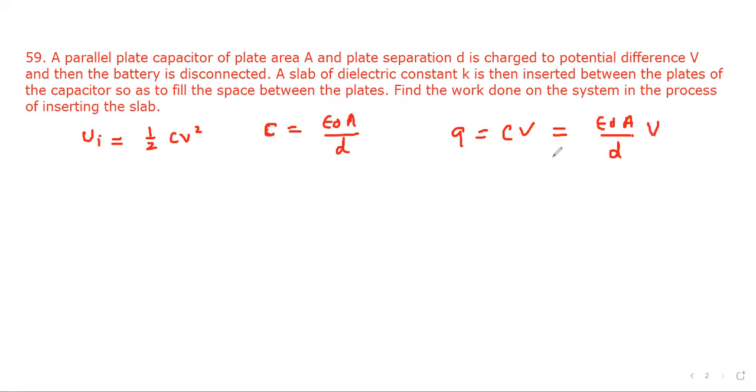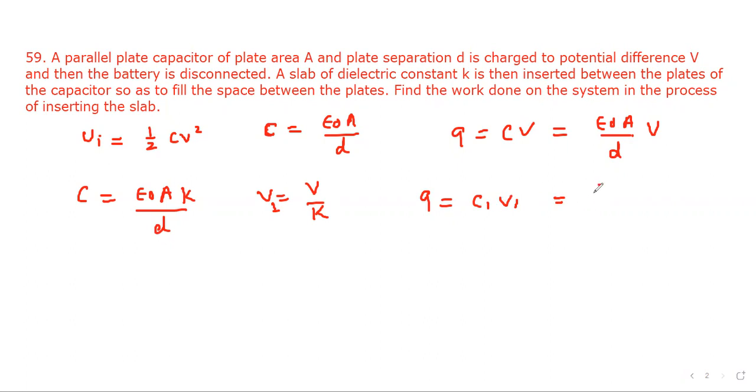And when the dielectric slab is inserted and the battery is removed, in that case, the new capacitance C1 will be epsilon naught A times K divided by D, and the voltage will become, suppose it's V1, V upon K, where K is the dielectric constant. In this case, we find the charge. So this will be C1 V1.